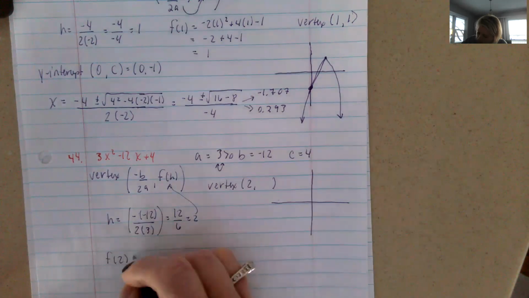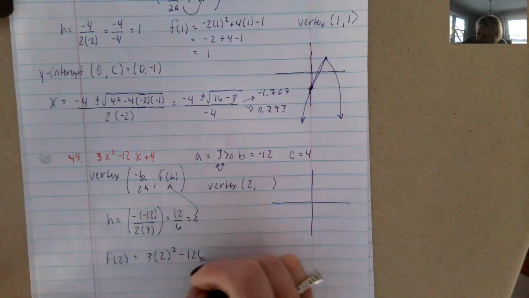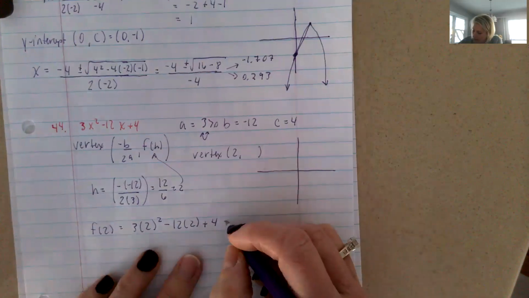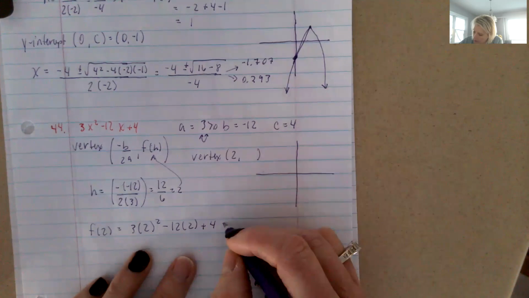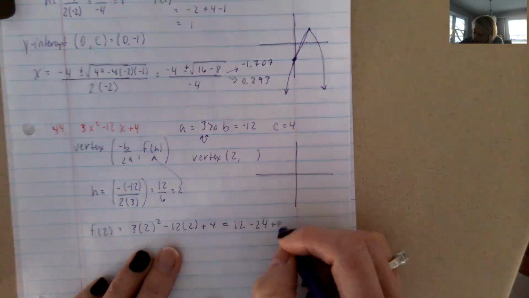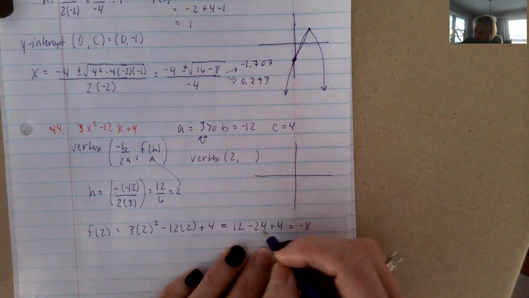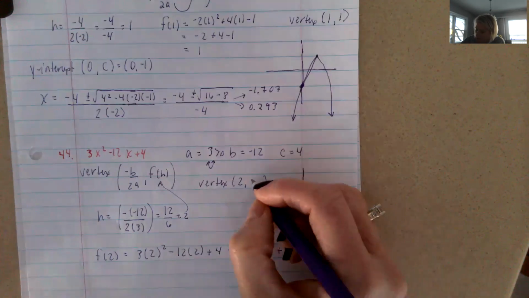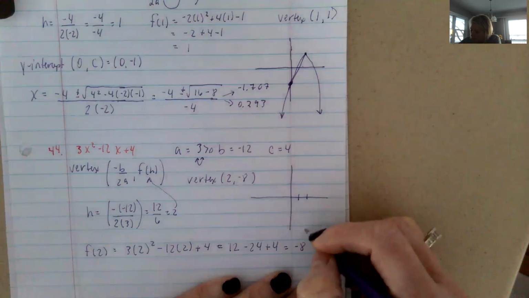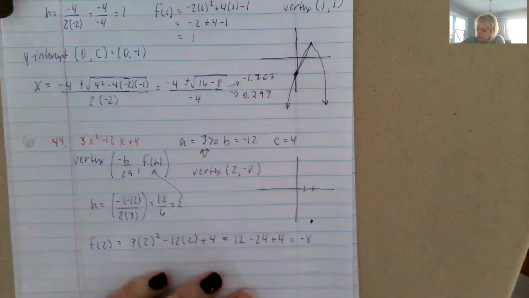So f of 2 is 3 times 2 squared minus 12 times 2 plus 4. And so that becomes 3 times 4 is 12 minus 24 plus 4. So I believe negative 8. Okay, negative 8. So my vertex is at 2 and negative 8. So I'm going to go over 2, and then we're going to pretend that this is negative 8 down here. And it's face up. So there's my vertex.